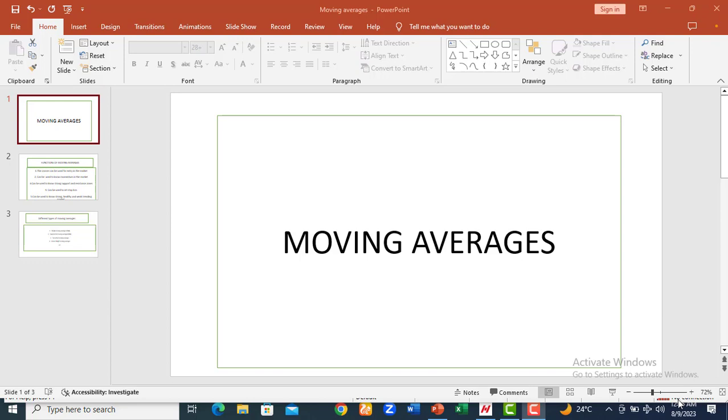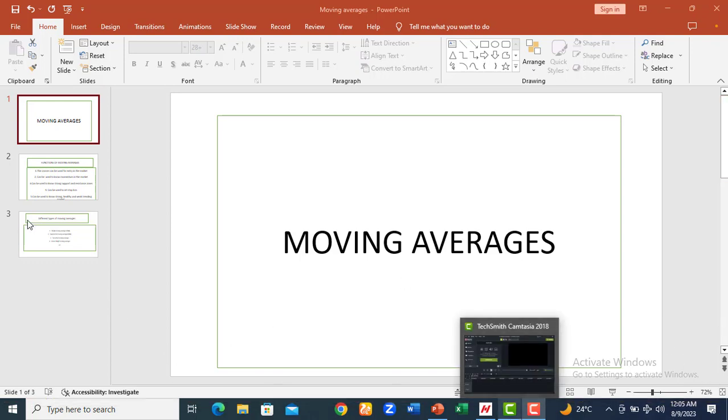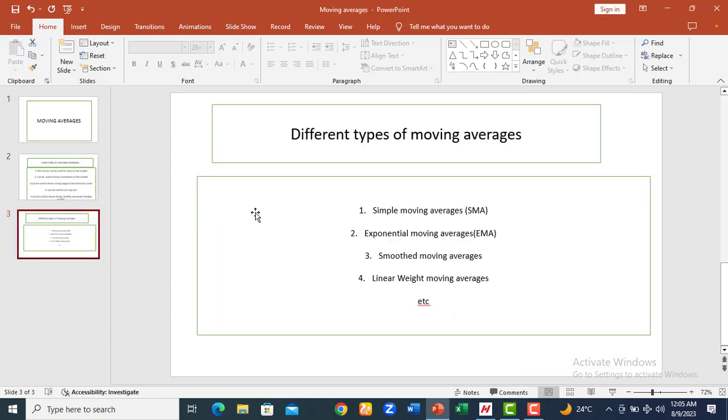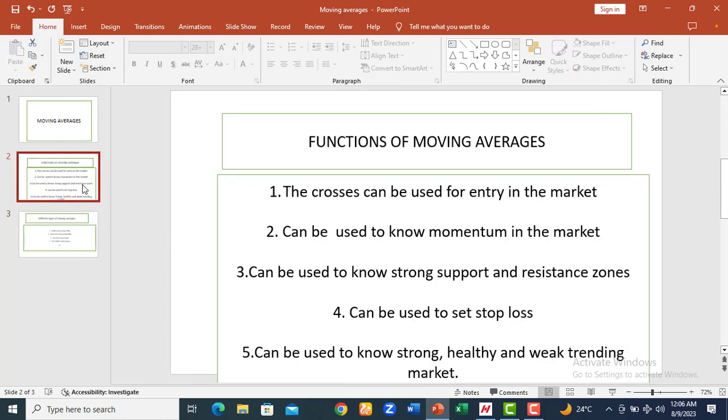Now, there are different types of moving averages in the forex market. We have the simple moving average, we have the exponential moving average, and there are a whole lot of them. But the truth is this is what I want you to know: the moving averages are all the same. The difference could be in the base and the rest, depending on the type of trader you are.